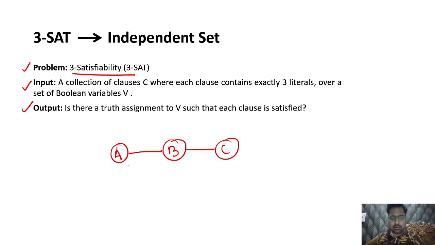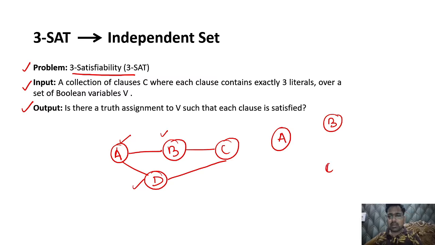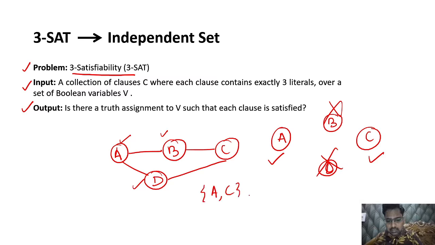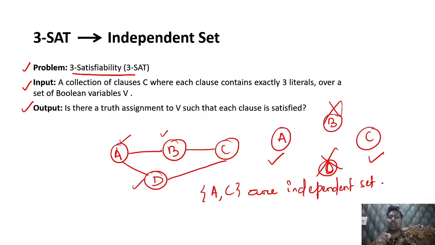Here it is C, here it is D. A is attached with B and D, but it is not attached with C. So if I am picking A, I have to remove B and D. Then if I am picking A, I have to pick C. For this case, A and C are an independent set. These are our independent sets.